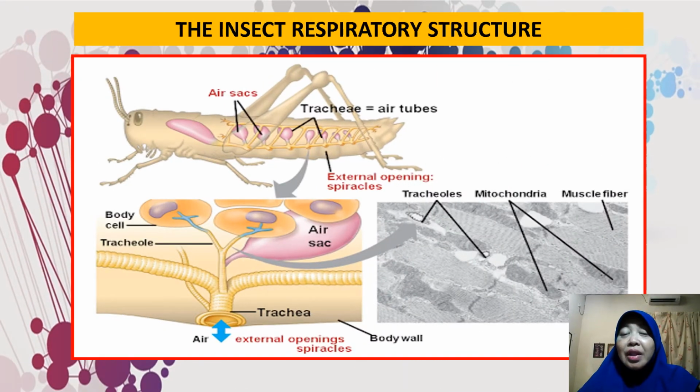Let us start with the first respiratory structure, which is the insect respiratory structure. The insect respiratory system is also known as a tracheal system, and this system is made up of air sacs, the trachea, which are also known as air tubes, tracheoles, as well as spiracles.